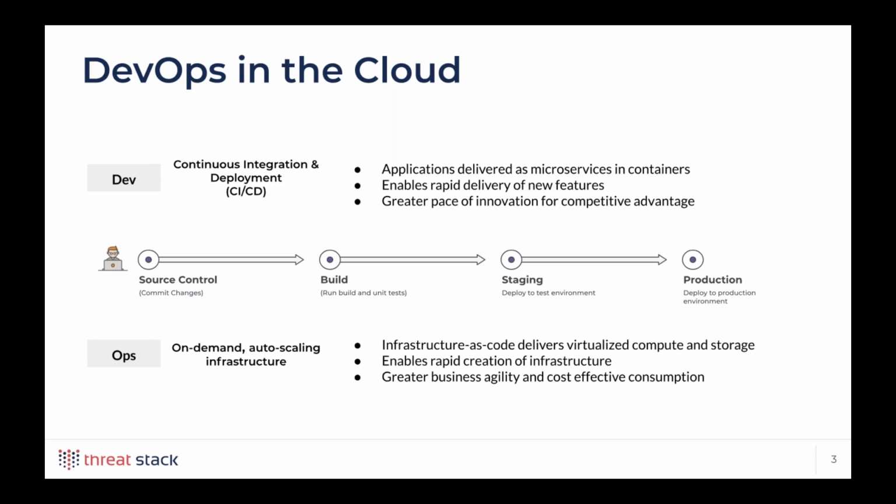And that virtualized compute and storage gives you the ability to rapidly create that infrastructure, and it gives you the same sorts of benefits around business agility and cost-effective consumption. However, bear in mind that your CI/CD pipeline runs on that infrastructure, and that can pose some risk from a security perspective. And this is the area that we're going to drill into in subsequent slides.